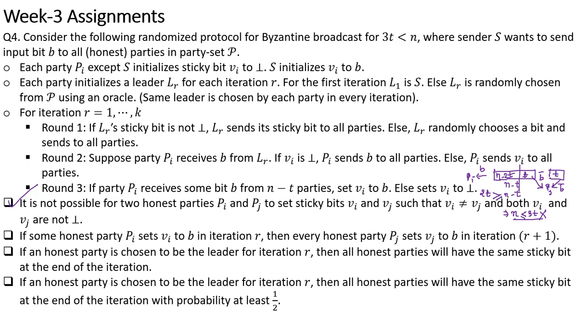In the third statement, if an honest party is chosen to be the leader for iteration R, then all honest parties will have the same sticky bit at the end of the iteration. So we already just discussed that even if some honest party is chosen to be the leader for iteration R, from the previous round it may have only bot as its corresponding bit, so it will randomly choose a bit 0 or 1.